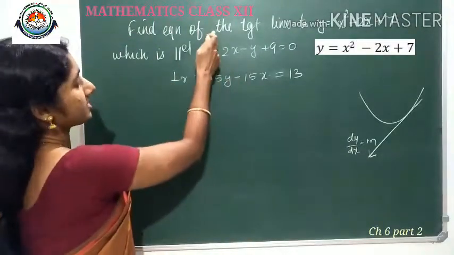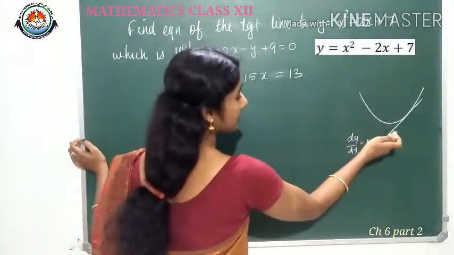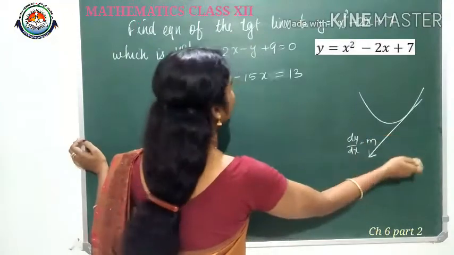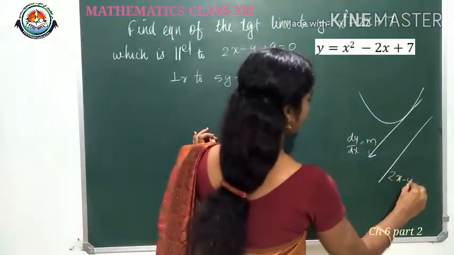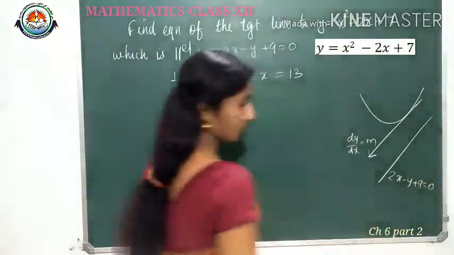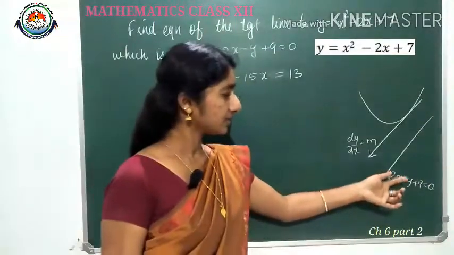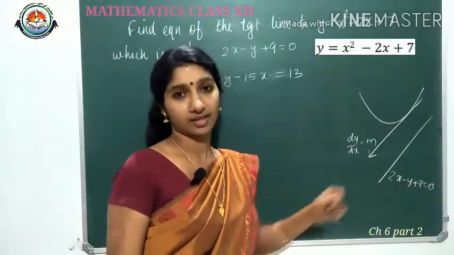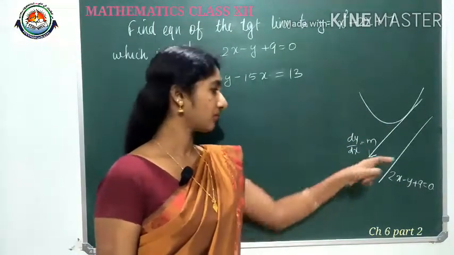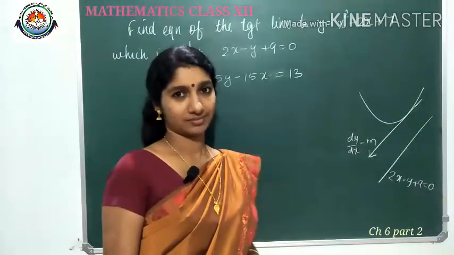This tangent is parallel to another line, 2x minus y plus 9 equal to 0. We have one straight line, and the required tangent is parallel to this straight line. We need to find the equation of this tangent.